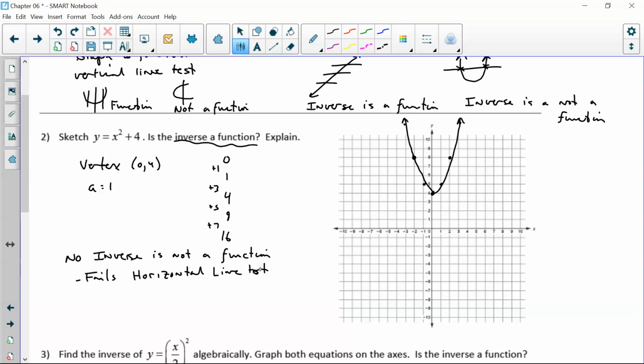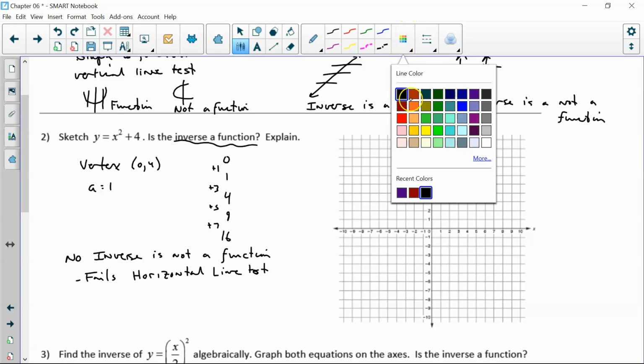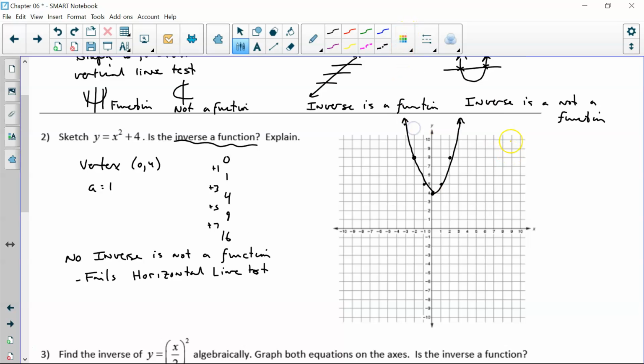If I draw a horizontal line, it's going to intersect at more than 1 point. And for example, right there, it fails that horizontal line test.